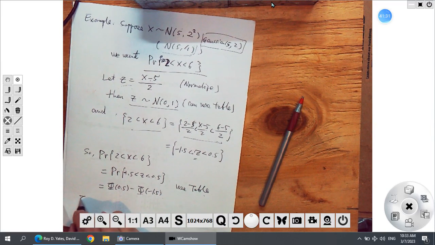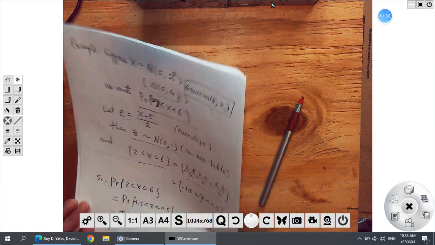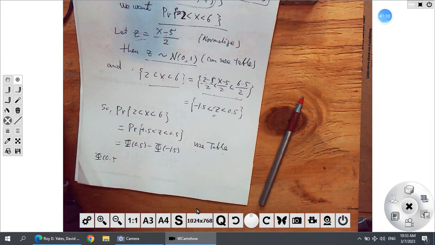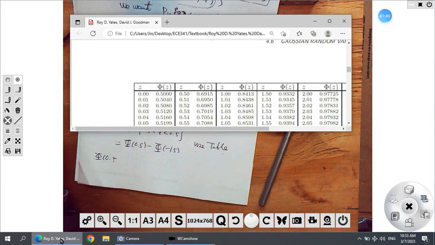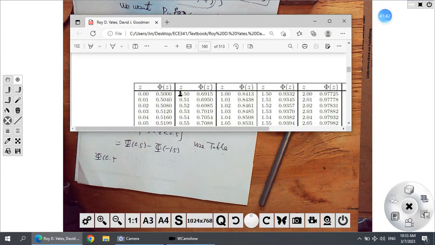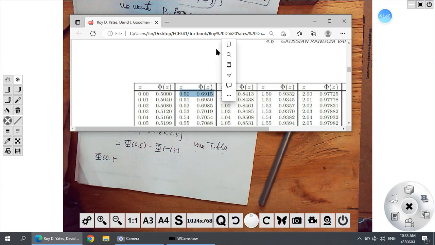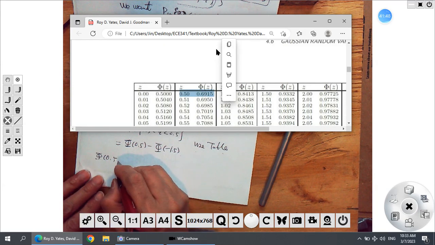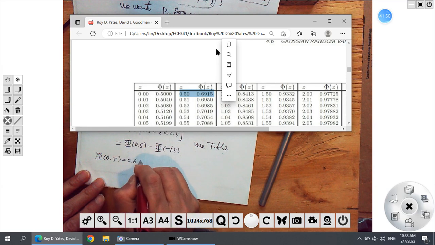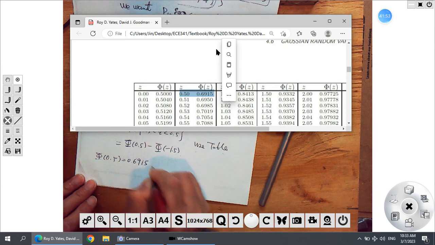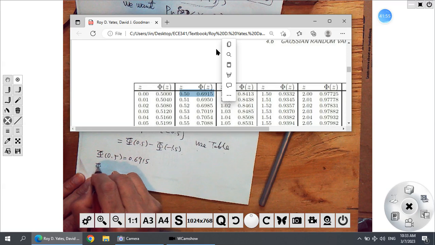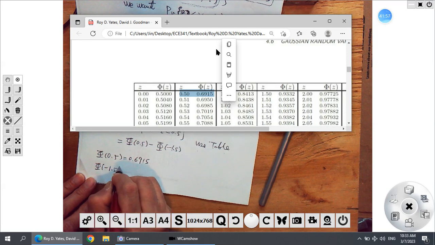Phi of 0.5 we can find from the table. Phi of 0.5 is here, right? So 0.6915. And phi of negative 1.5, oh, this is a negative value.